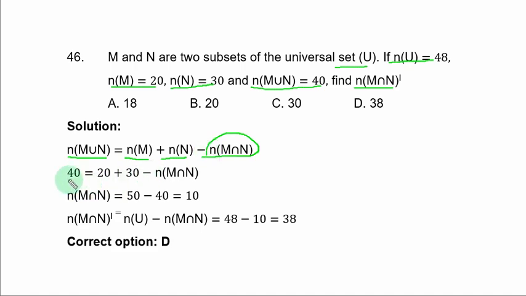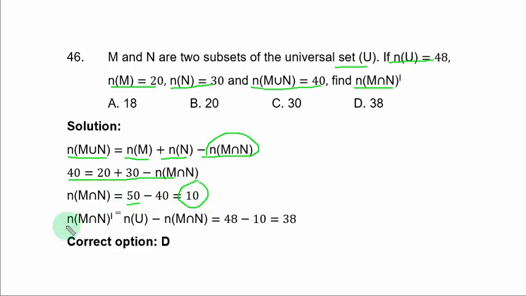So you have 40 equals 20 plus 30 minus the intersection. So the intersection, if you take it to the left, becomes positive. 20 plus 30 is 50. If you transfer 40, it becomes minus 40. If you subtract, you have 10.